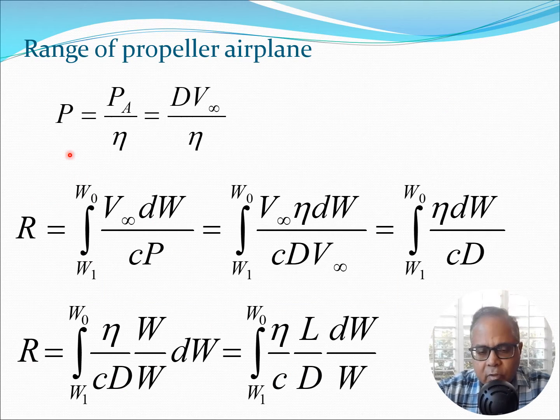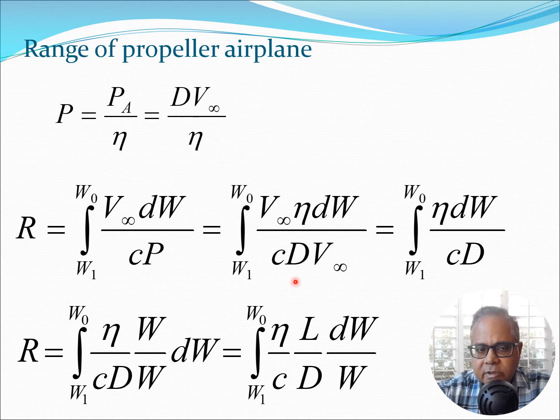So now we are going to combine all these equations together. So let's start with the fact that the power P equals PA by eta, which is D V infinity by eta. And next we use the range expression I derived in the previous lecture, which was the general equation in terms of the integral. So the integral is from weight W1 to W0, V infinity dW by c P. And so we put in the value P here.